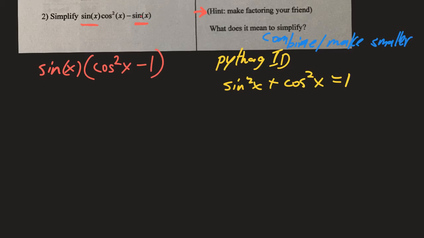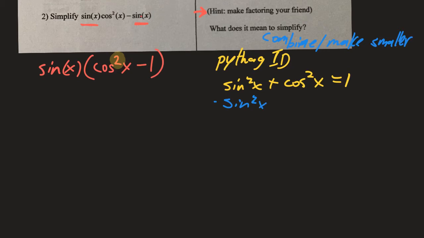And my alert for that, why did I know to use that, was because of this squared, okay? So when I see squares, Pythagorean identities kind of jump out at me because those are the ones that have squares in them, okay? So I see cosine squared x minus 1. Let's see if we can at least get something similar looking out of our identity here, okay? So what I'm going to do is let's go ahead and get this cosine by itself for a second.